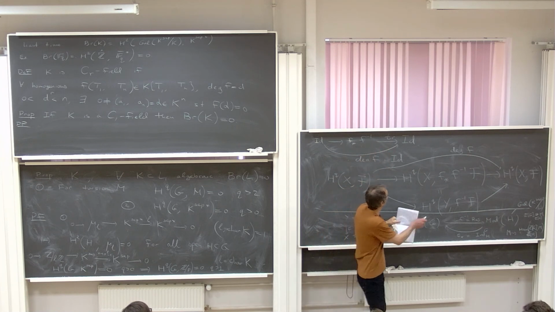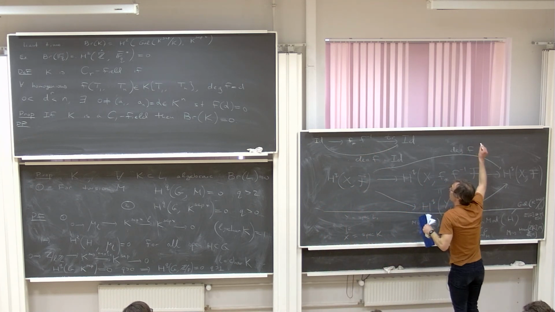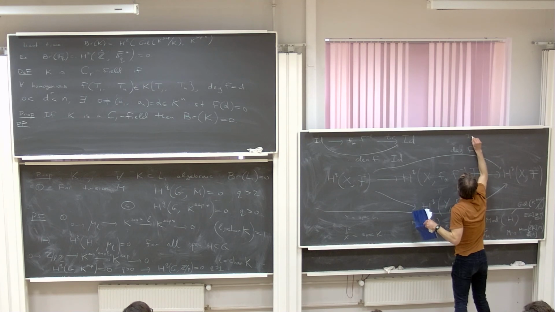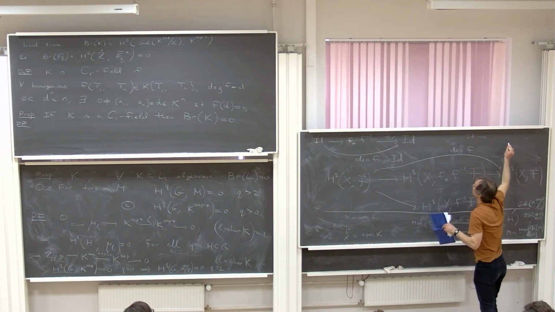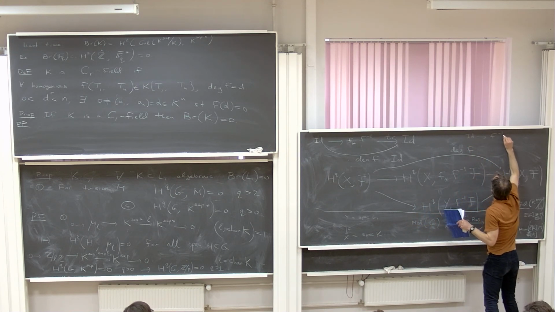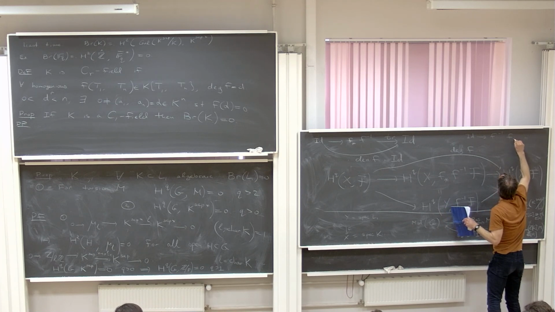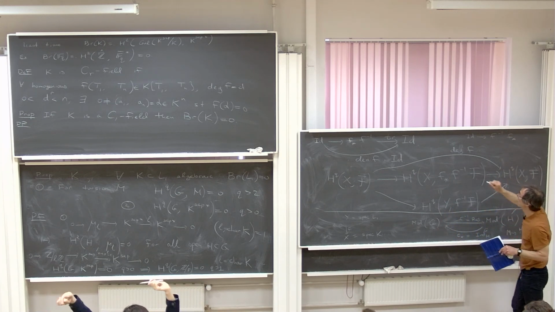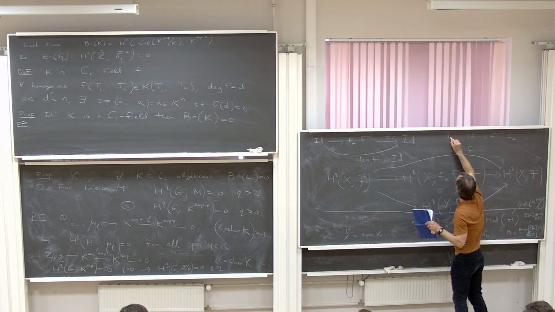In fact, there is also a map from the identity functor to F inverse F lower star. There exists such a map.